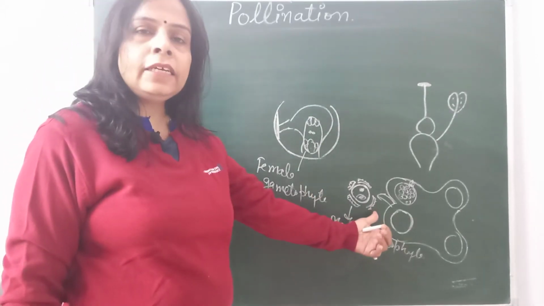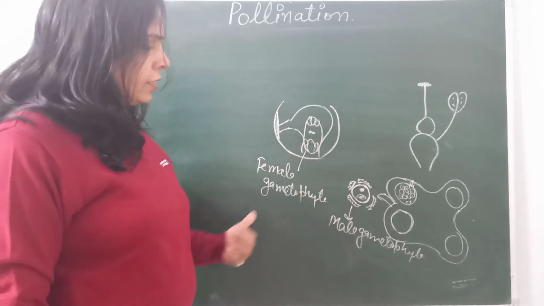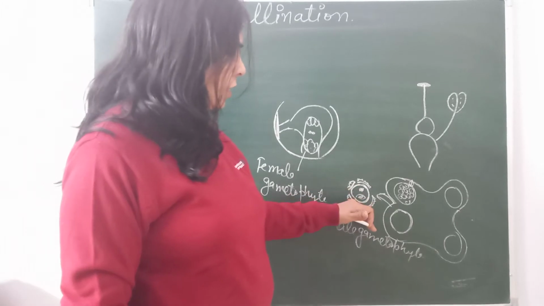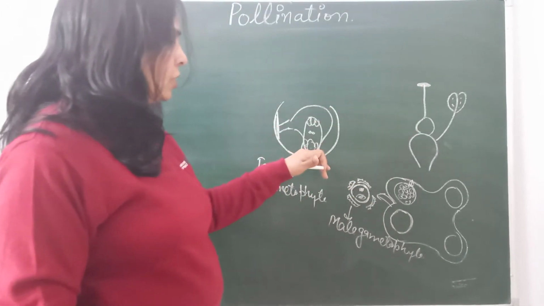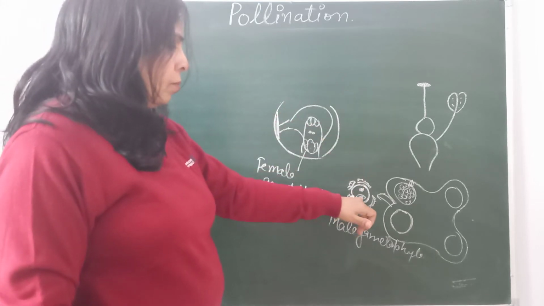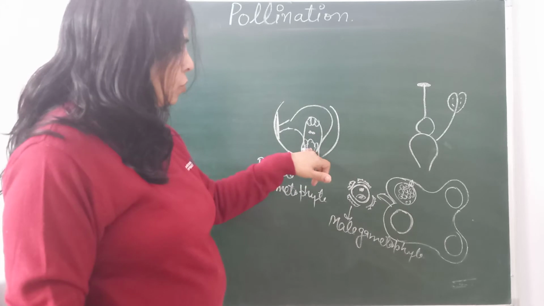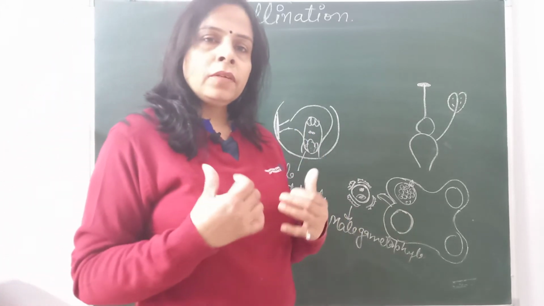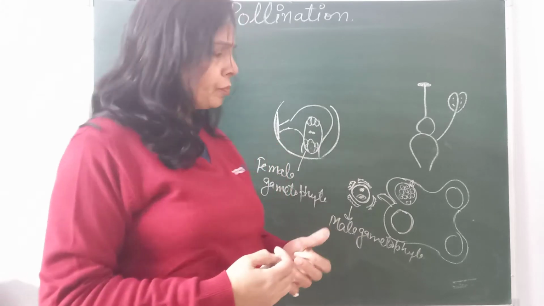What I mean to say is that gametes are now ready for reproduction. Male gametes are ready, female gamete, that is egg, is ready. Now our next step is that these pollen grains have to land on this stigma so that fertilization can take place, and the male gametes in the pollen grain can reach the female gamete and result in the formation of zygote by the process of fertilization.